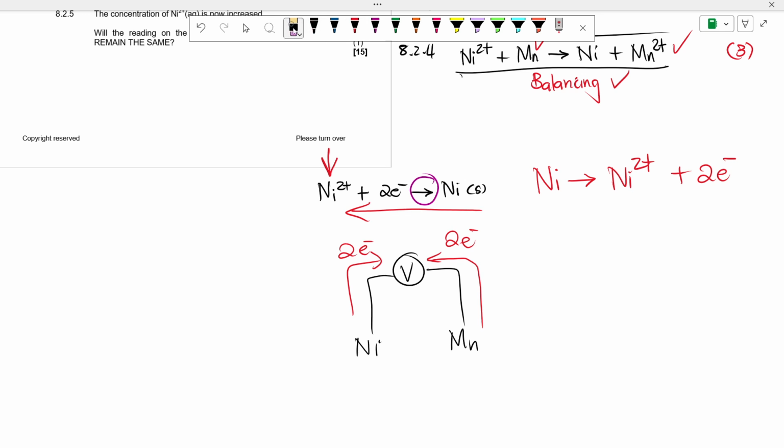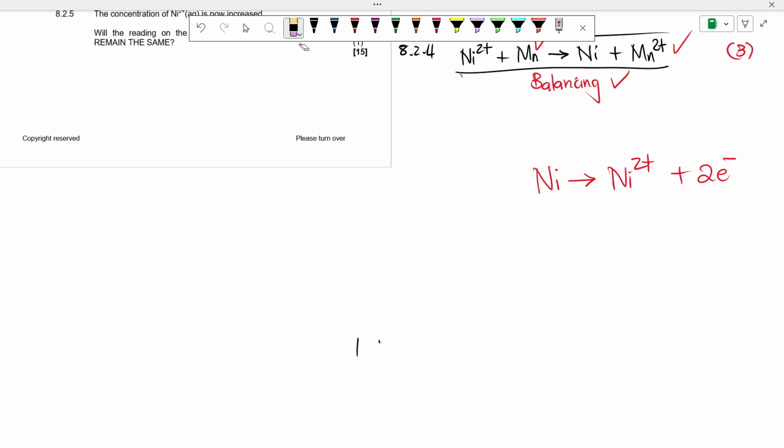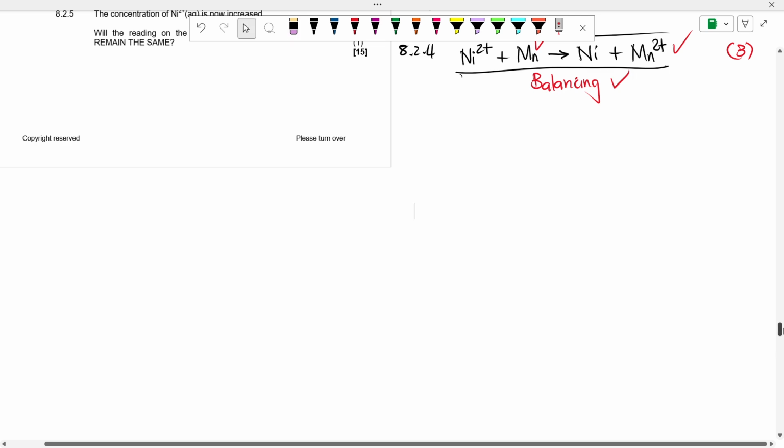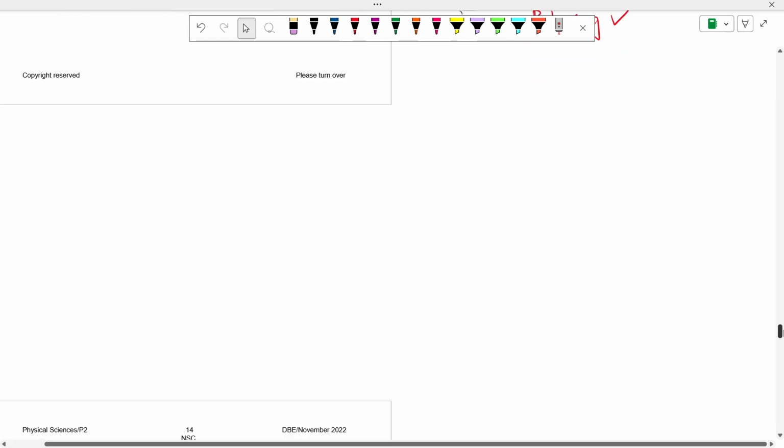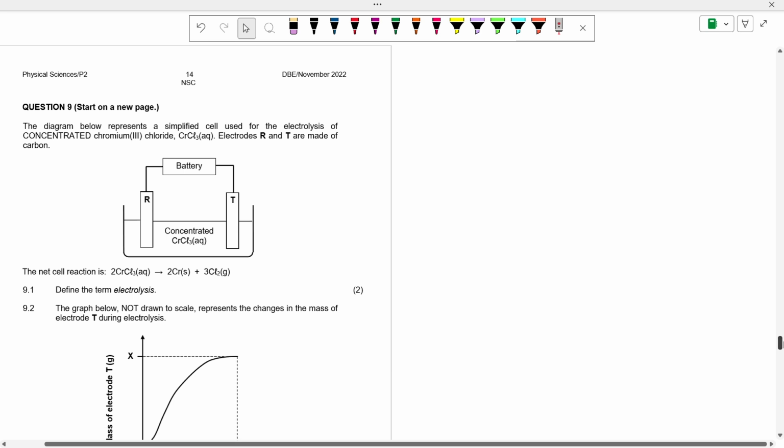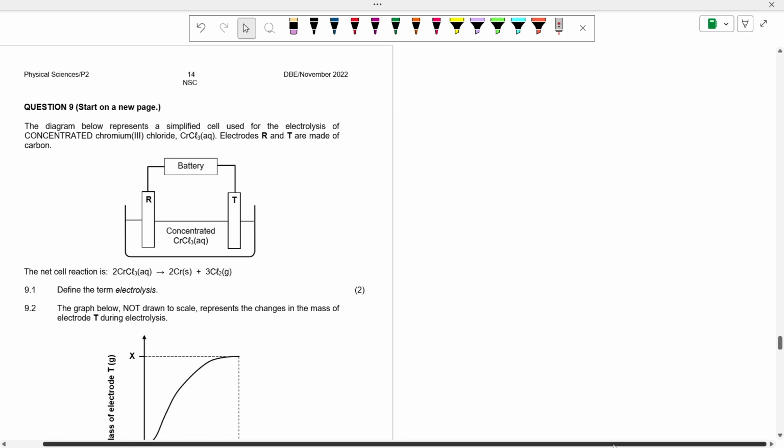Okay, so in terms of giving a reason, it could be 4 marks or 3 marks. That's what you have to say. So first you explain the Le Chatelier part, and then you say it's going to maintain the same half reaction, stuff like that. But you can see in the previous memos as well, if you research or practice.